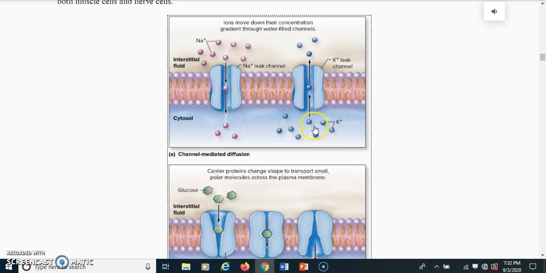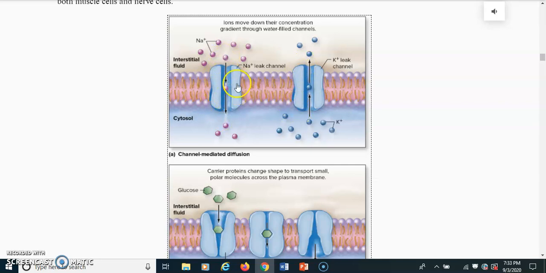And then potassium, it also has a charge, so it's going to need help getting across. They call this type of facilitated diffusion, remember there's 2 types of them, channel mediated because this is just serving as a channel. It's like a protein with a channel right down the middle of it. They kind of have the other half cut off so we can see the sodium and the potassium moving through.